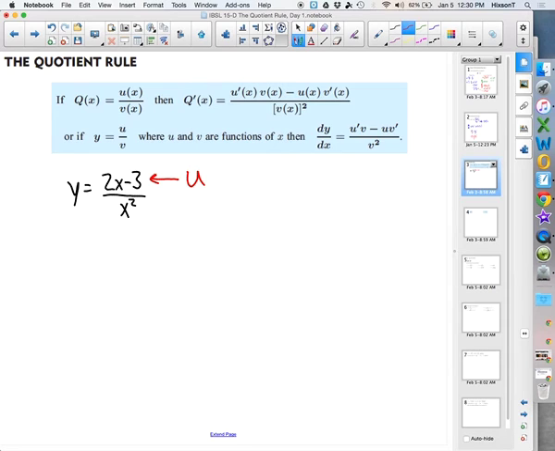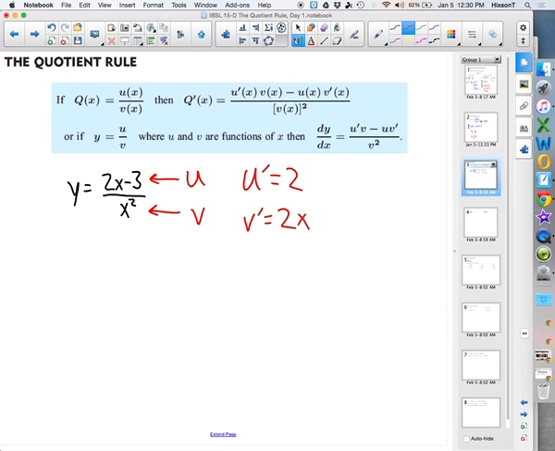In the past, it hasn't mattered if we called one u and the other v, but division is not commutative, so it does matter. The numerator is always u. The denominator is always v. So, u prime equals what? 2. And v is x squared, so v prime is 2x.